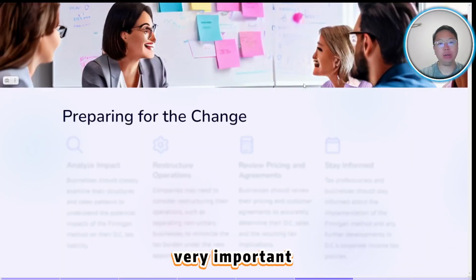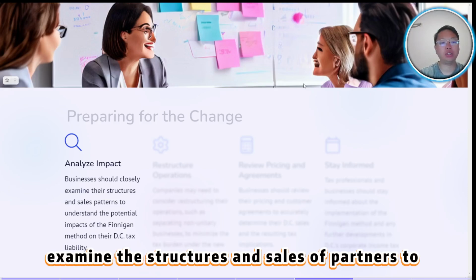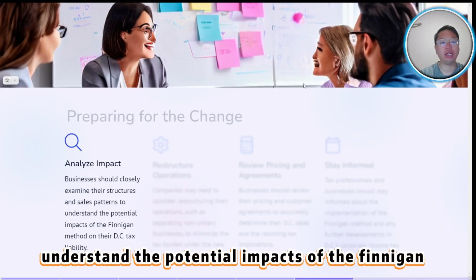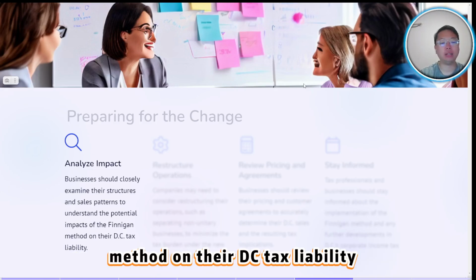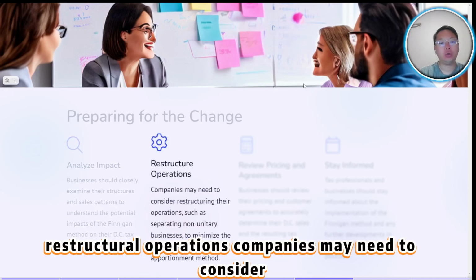That is very important. First is analyze impact. Businesses should closely examine their structures and sales patterns to understand the potential impacts of the Finnigan method on their DC tax liability. A second is restructure operations.